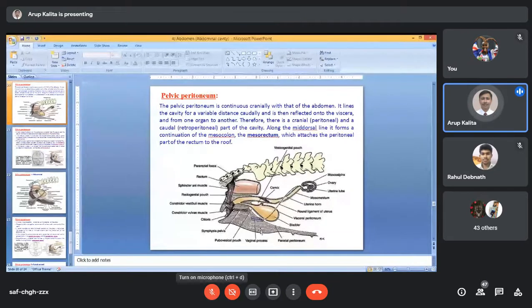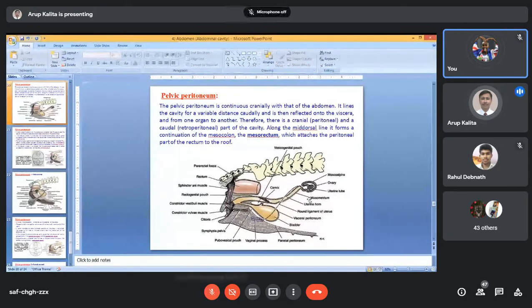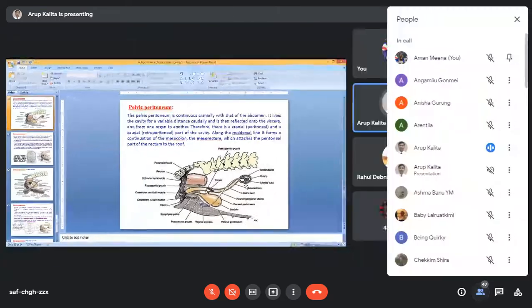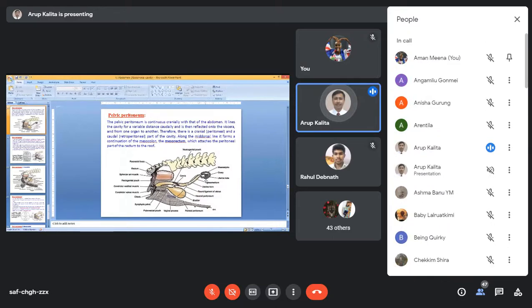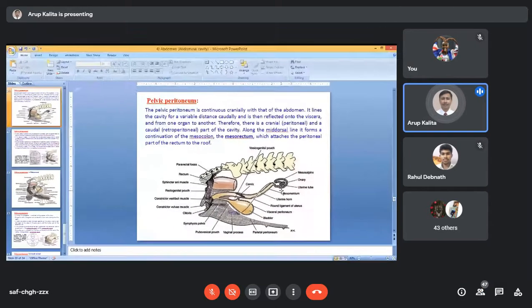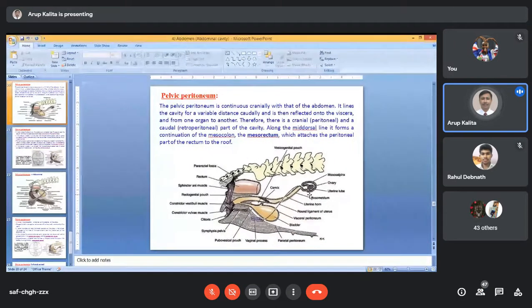This is the skin and the muscle. So this is the abdominal cavity, or not? Now I told you the parietal peritoneum covers the abdominal cavity and part of the pelvic cavity.